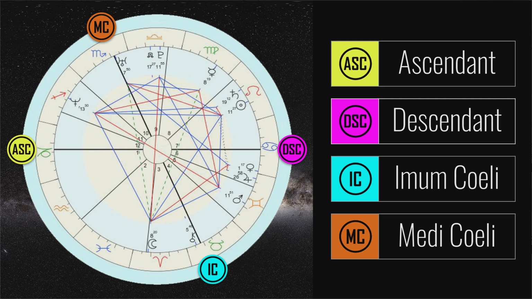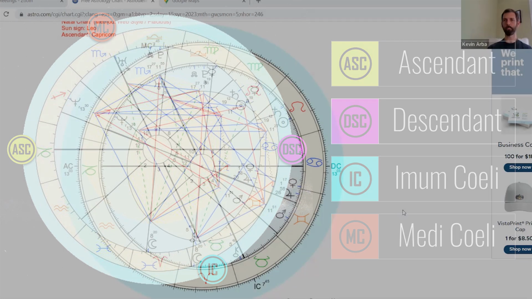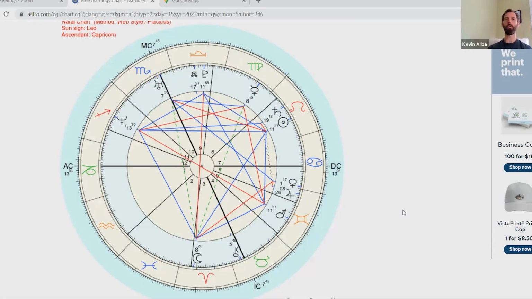Something that's relevant to this discussion is there are many systems for setting the houses. In the whole sign house system, in this case looking at Sarah's chart, her Ascendant is in the middle of Capricorn, so the entire sign of Capricorn would be considered her first house.